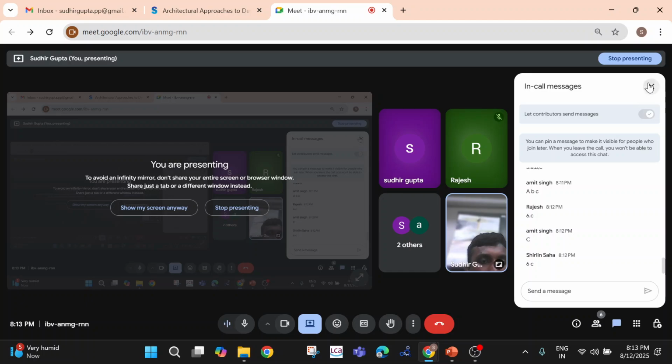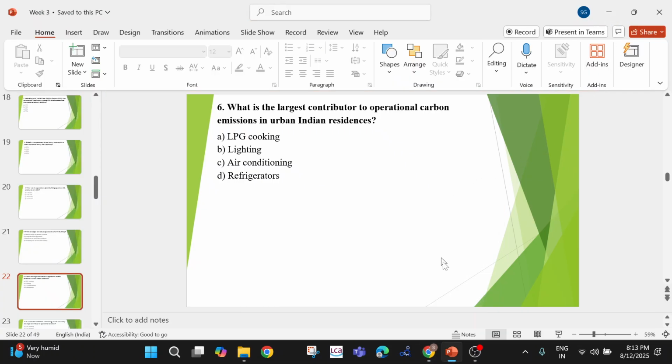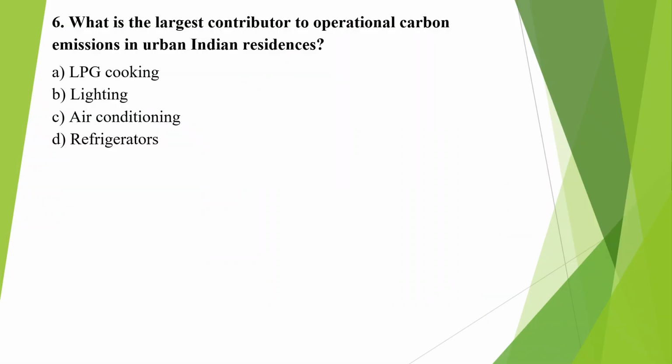All of you have marked C, and C is the only correct answer for this question. It has asked about the largest contributor, so it cannot be multiple answers. C, which is talking about air conditioning, is the leading contributor to the operational carbon emission in urban India, and it is followed by LPG or PNG cooking in the second place.